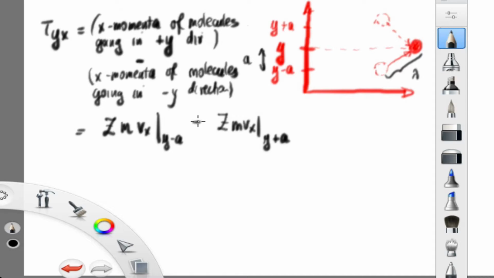Now, I'm doing statistics on molecules, so I have enough of them working that this a, or lambda, is statistical. Therefore, to even compute them, I had to have enough molecules to do that, right? So I have quite a bit of molecules moving around here. These distances are large enough to capture enough molecules. So I have to have some velocity distribution here.